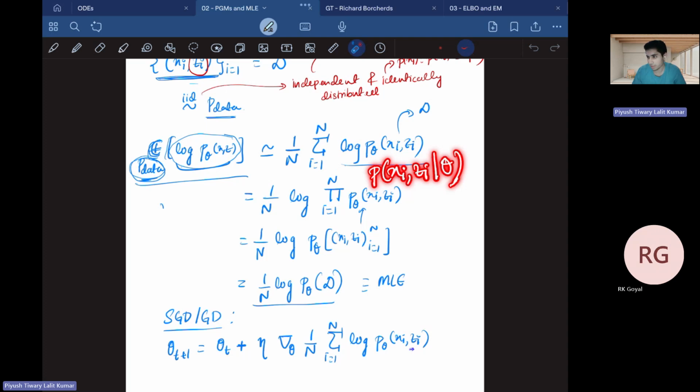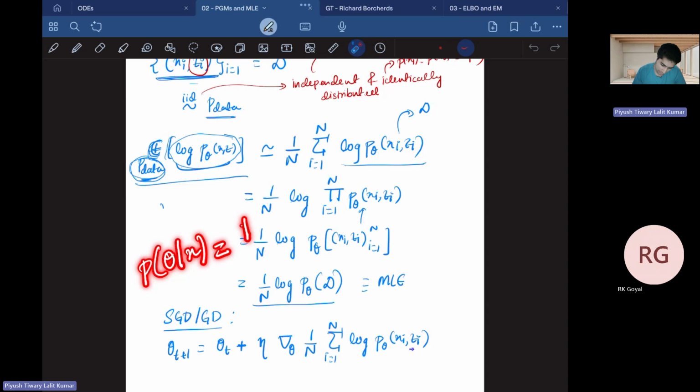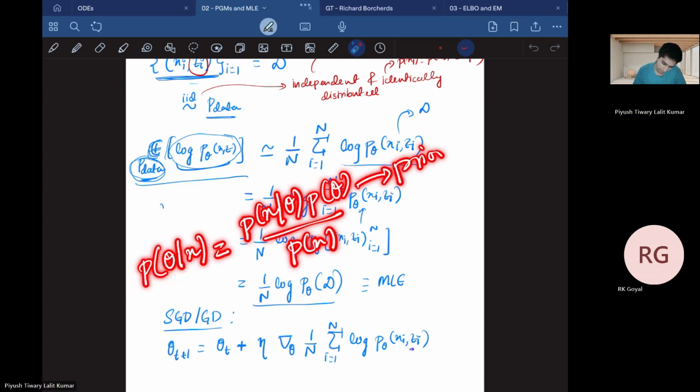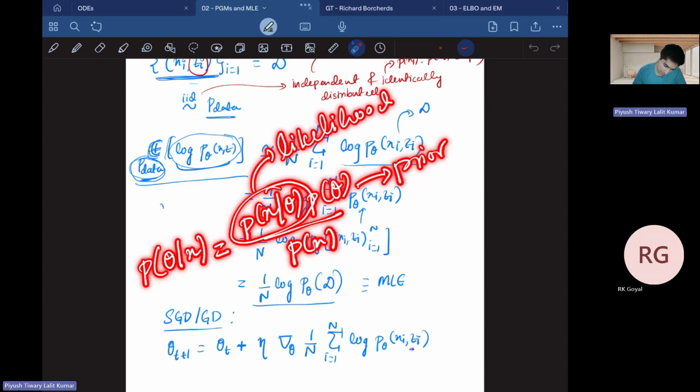These terms actually come from the Bayesian literature. In Bayesian literature, you try to learn the distribution over theta given a data set. This is equal to P of x given theta into P of theta over P of x. Again, this term is your prior, this term is your likelihood. Now this P of x given theta is sometimes what we write as P theta of x, and that is why we call this likelihood.